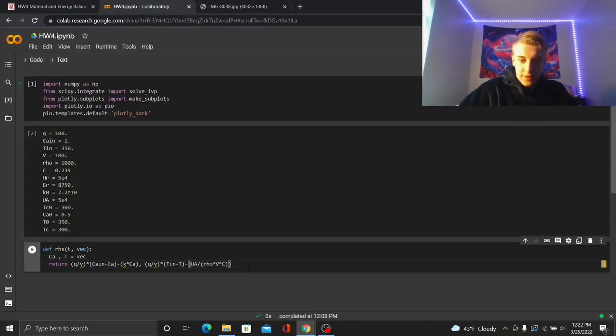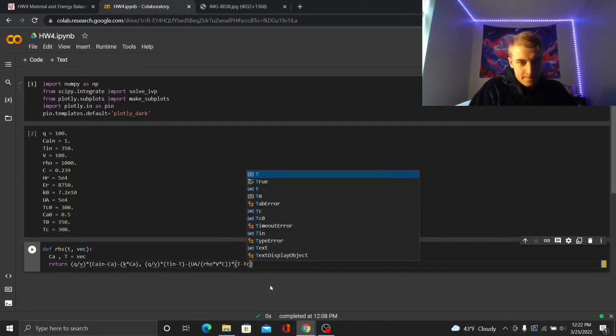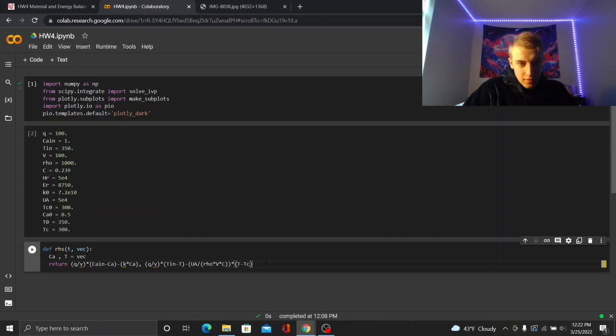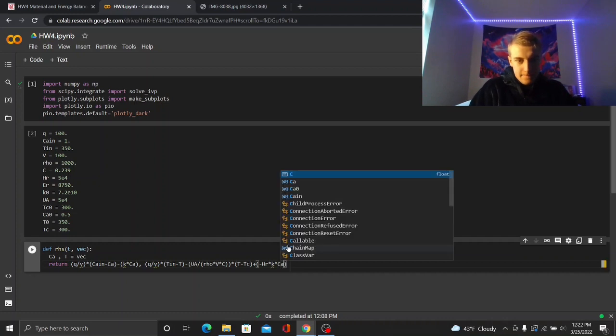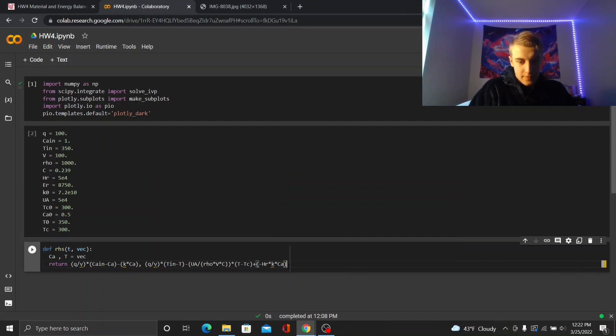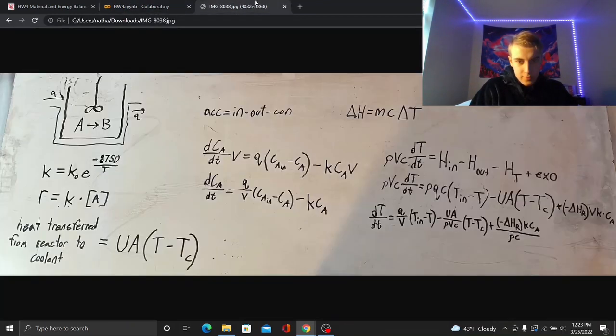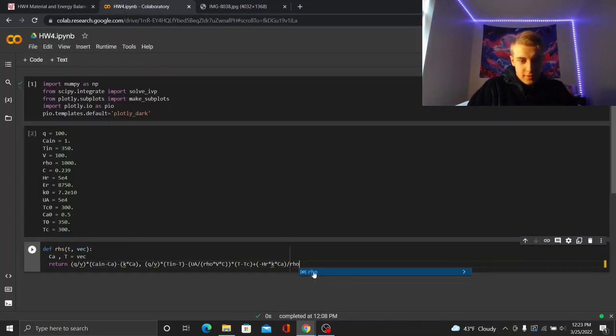And then that is also multiplied by T minus TC. Yeah, and then plus negative HR times K times CA over rho times C.